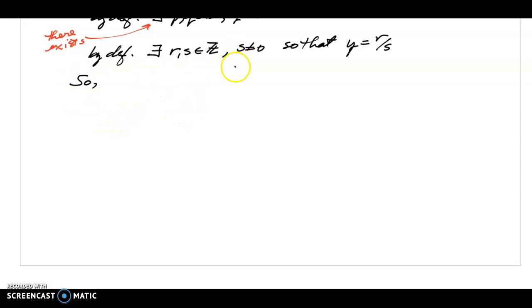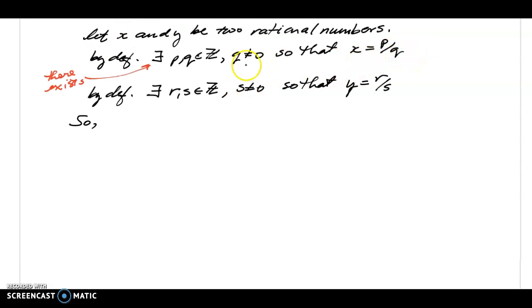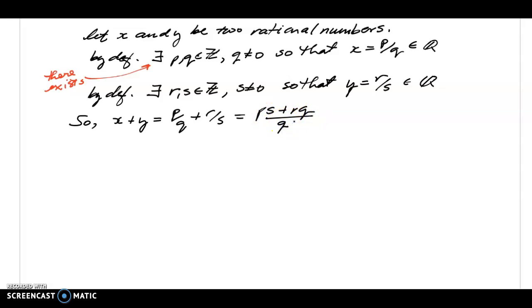So if we know that x and y are two rationals, so they are elements of the rationals, then x plus y is p over q plus r over s. That gives you ps plus rq all over qs, right? So there you go. This is still a fraction, but here's what we can do.